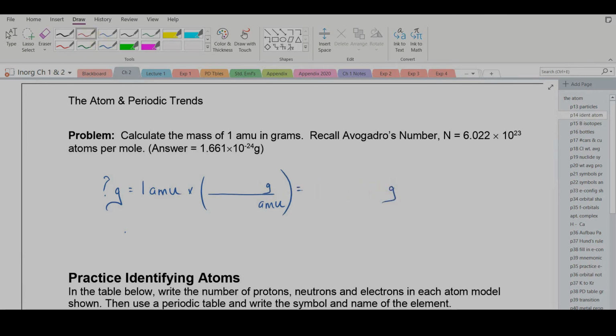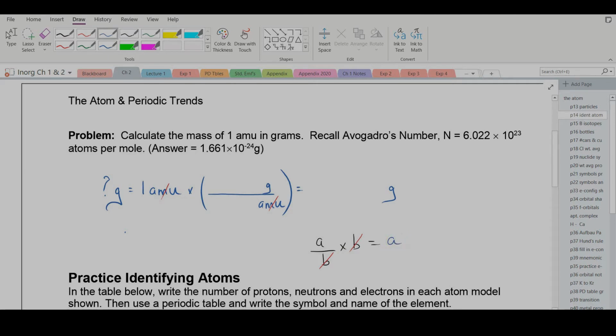All right, so all you have to do is cancel units. Digression, apologies: if you can say A over B times B equals A, if you can do that calculation, you can do the unit factor method.